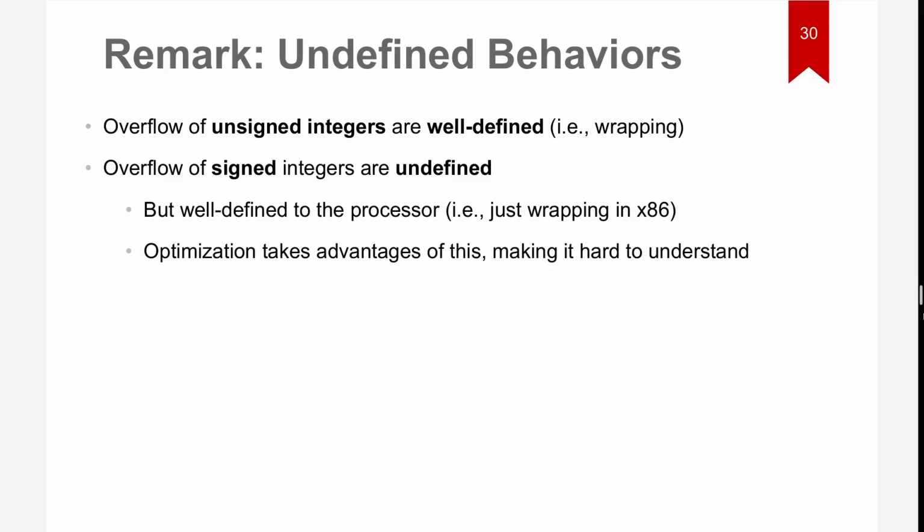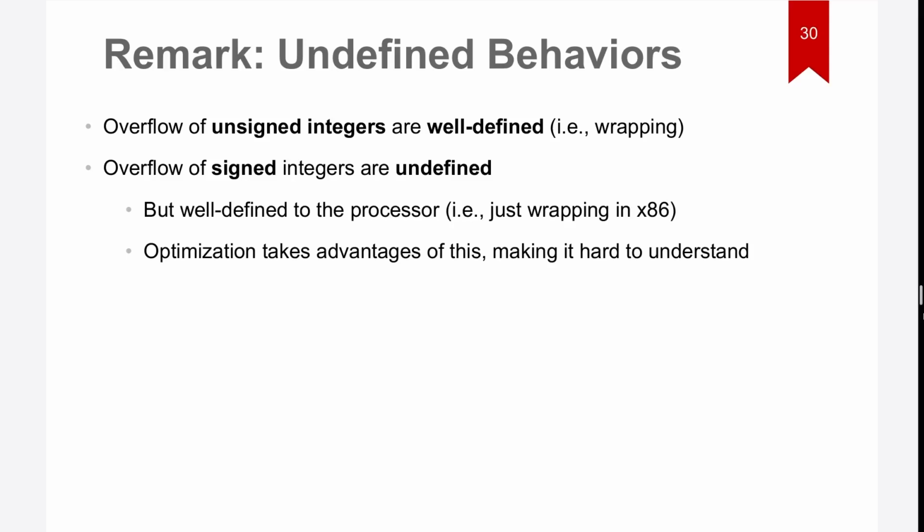Overflow of unsigned integers is well defined as wrapping. Overflow of signed integers is, by the standard, undefined. That's just how it is. However, it is well defined in the processor, at least in x86. So if we add 1 to the largest signed integer, we will always get the smallest possible signed integer.